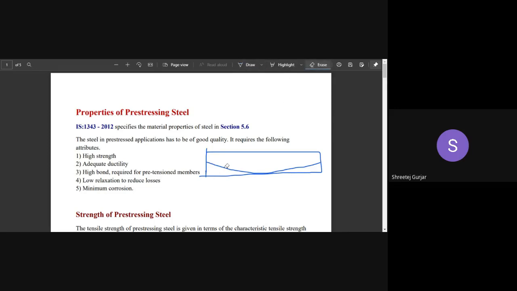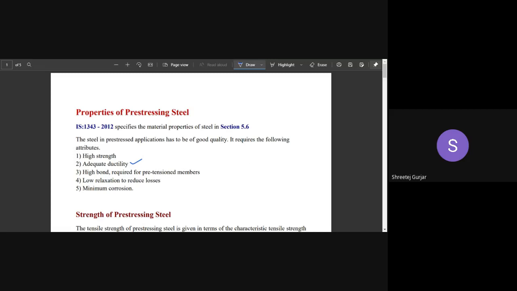Also, it can be of variable profile. It may go straight, and then go up, and like this it may have a varying profile. Whenever there is bending, ductility and bendability are required. So our steel should be able to bend, and it should be ductile. That is a prerequisite of our pre-stressing steel.